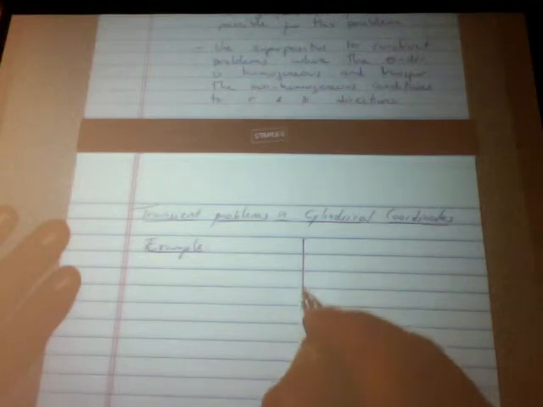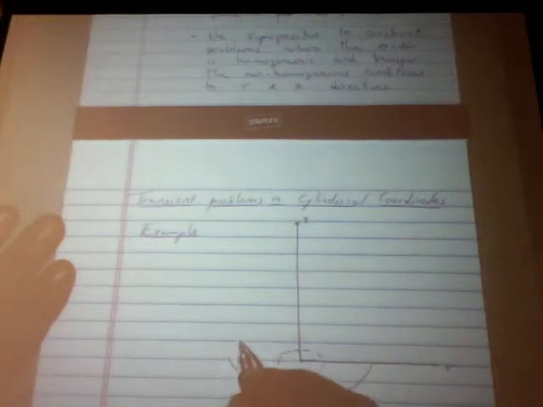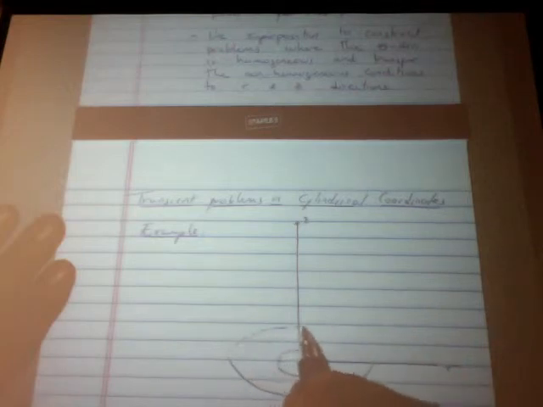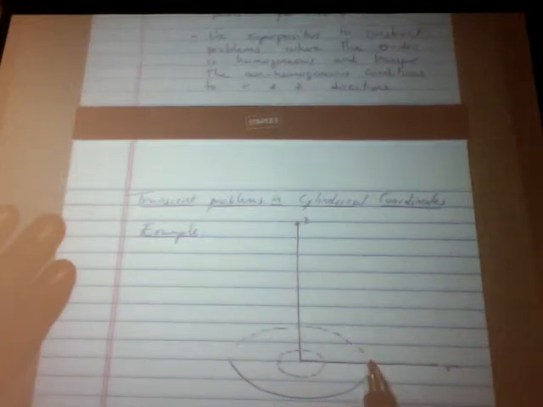All right, so let's look at an example where we have Z, R, and this is going to be a hollow cylinder.